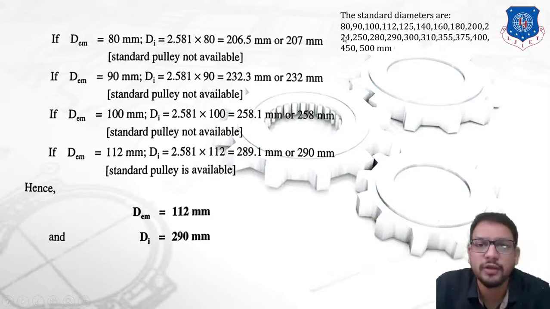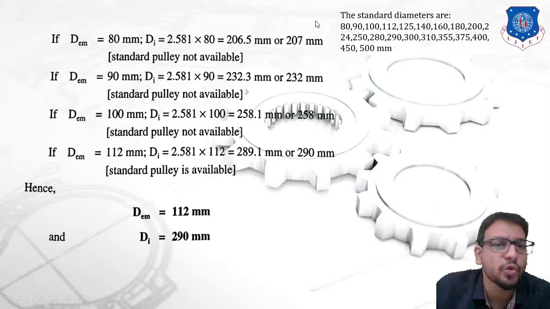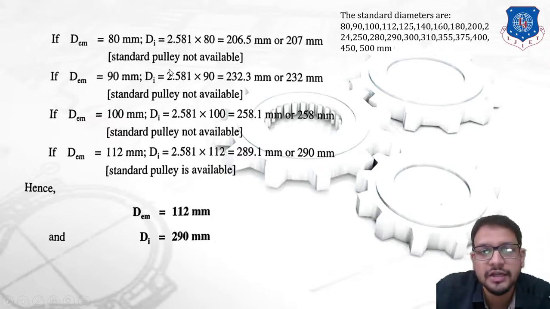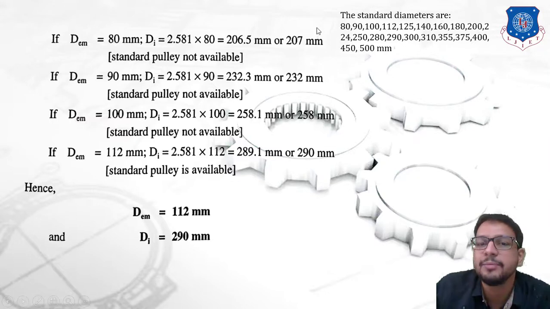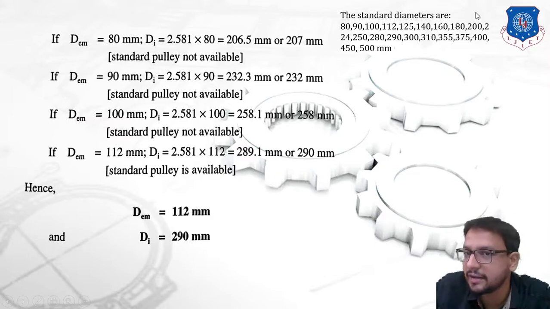Okay, so if I take dem is equal to 80 mm, by using our relation which we have found out, di is equal to 2.581 into dem, I am going to multiply this and the answer will be 207 mm. So you can clearly see that 207 mm is not present in the standard diameter list, which means we cannot choose this diameter.